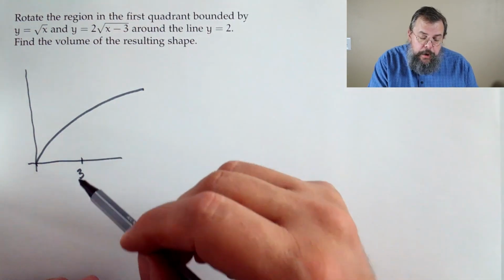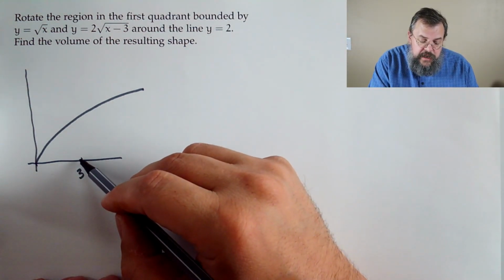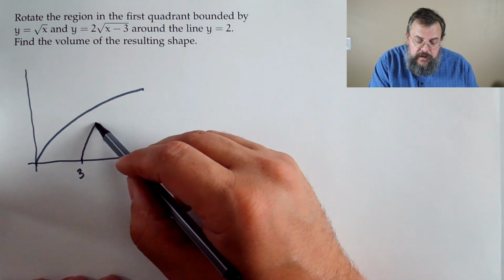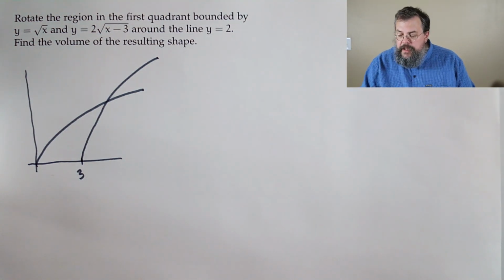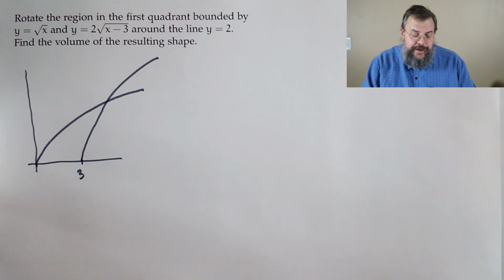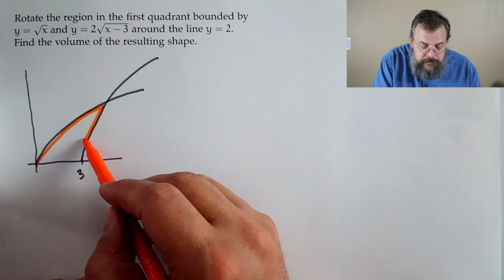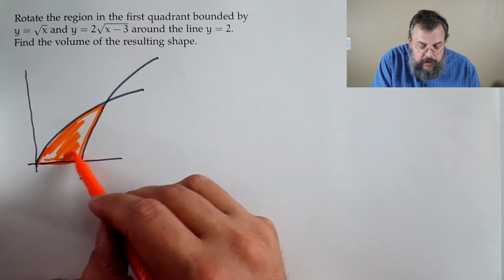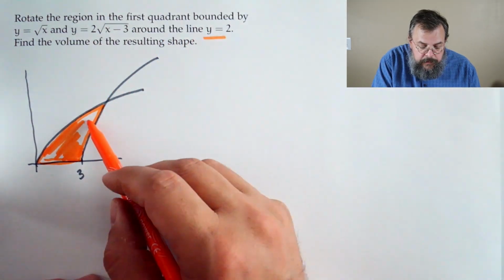Well, it looks like a square root, but it goes up steeper. So we've shifted, but it also goes up steeper, and so maybe it does something like that. What we're getting is a shape a little bit like a fin. So here's our fin, and now that's our region. And the other thing it says is let's revolve this around the line y equals 2.